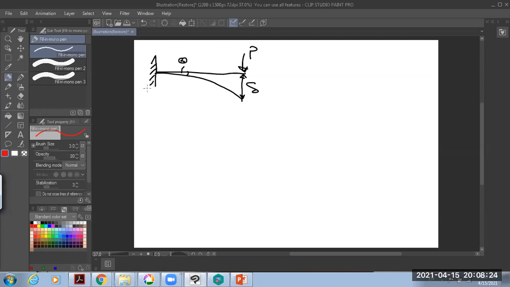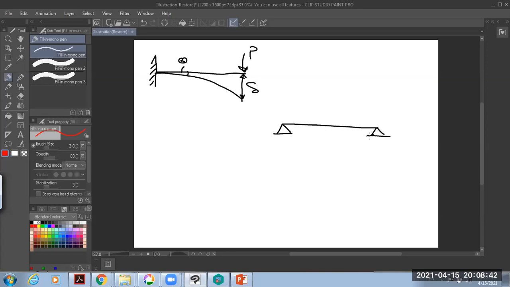How do we calculate it? There is an equation for all these types of systems: a simply supported beam, a cantilever, a simply supported beam with a concentrated load in the middle.